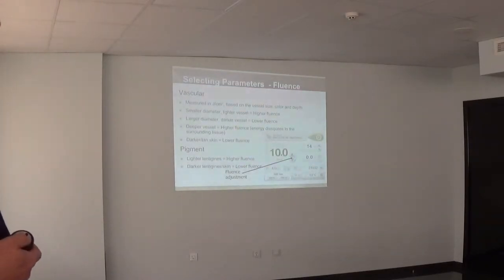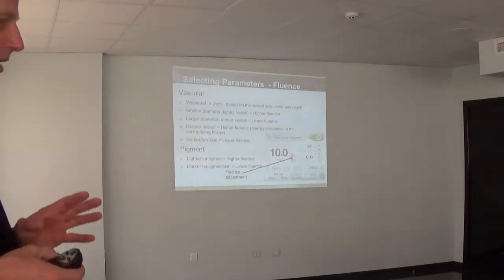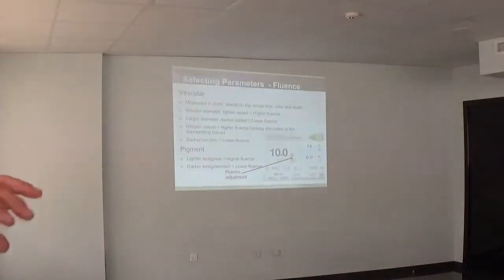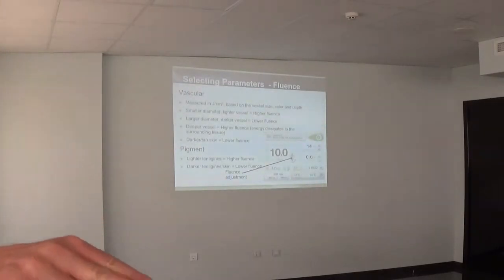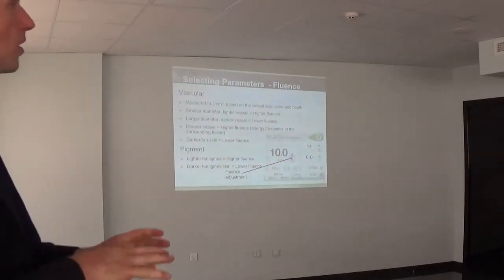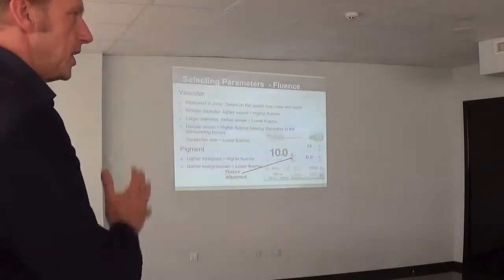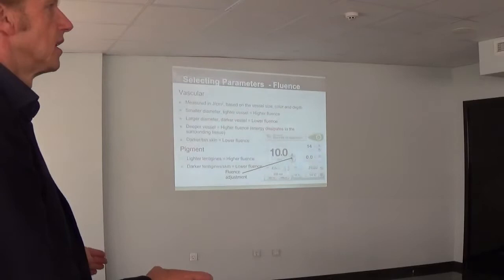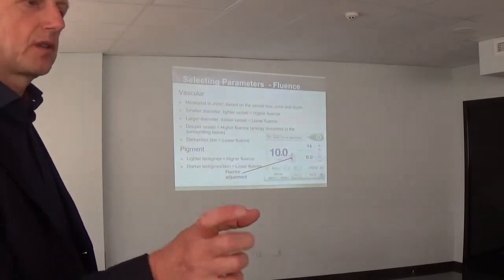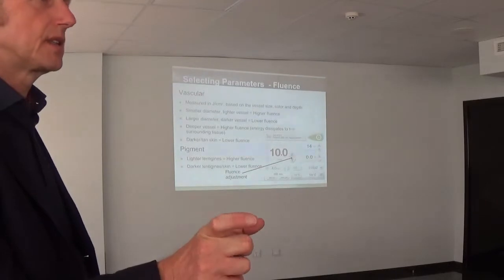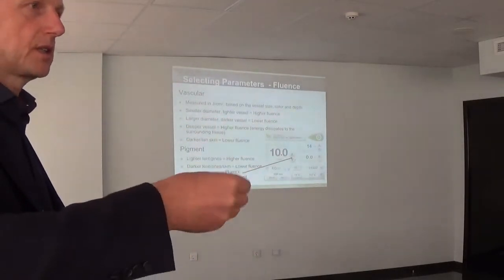One of the big advantages of the Excel V is that, as Gwen showed on the ZEO, there is a guideline to go to the settings for the reticular veins, so it helps you choose the right parameters. On the XLV, it's even more advanced because you have all the settings integrated in that single machine, and the handpiece itself contains a telescopic lens that you move like in a ZEO with this green ring.